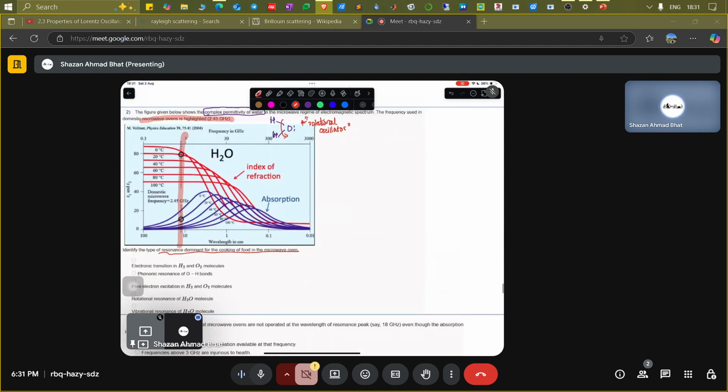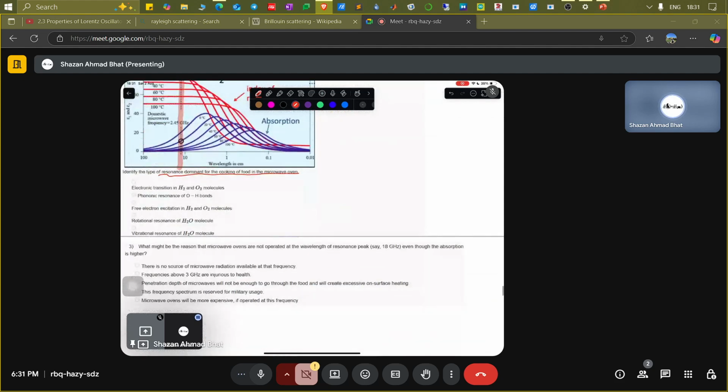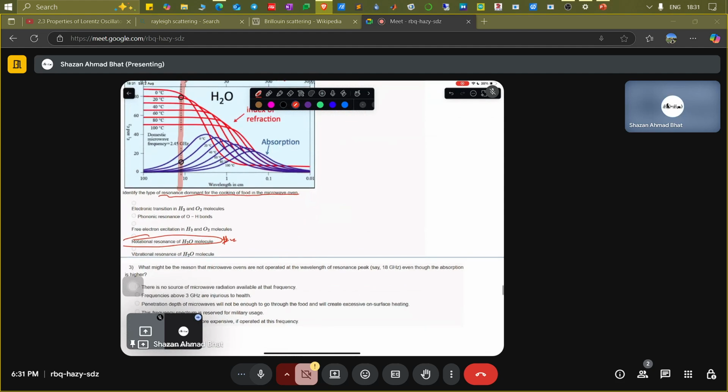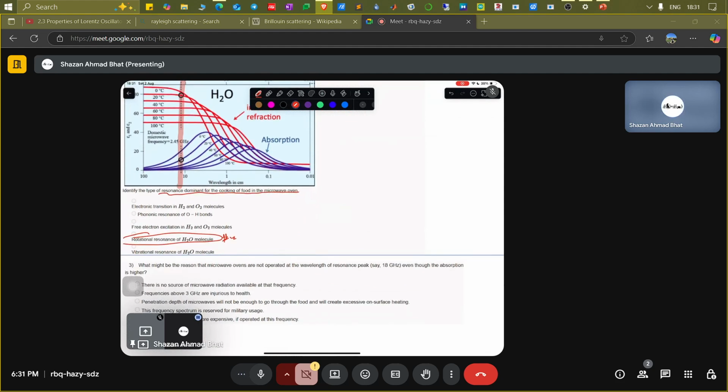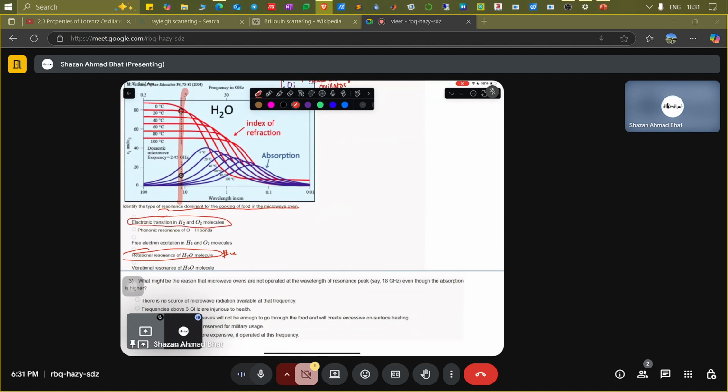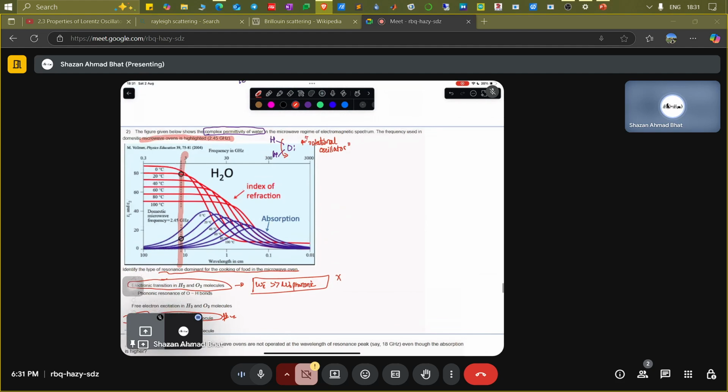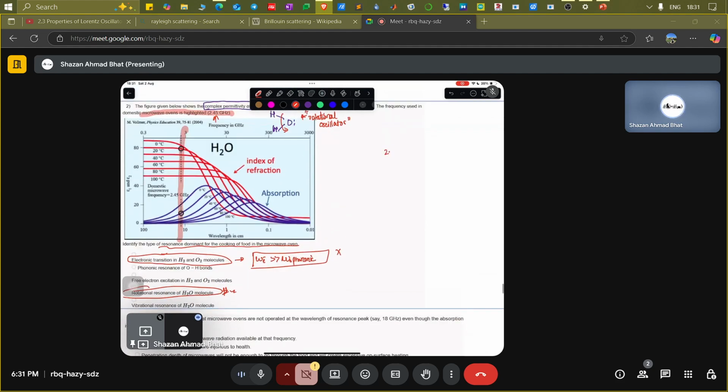I told you that the dominant resonance is the rotational resonance of the water molecules. Okay, that is the dominant one. Electronic transitions are not possible, because the omega for electronic transitions is much greater than the omega naught for phononic ones. That is not going to happen because 2.45 gigahertz is very low for electronic oscillations to happen.